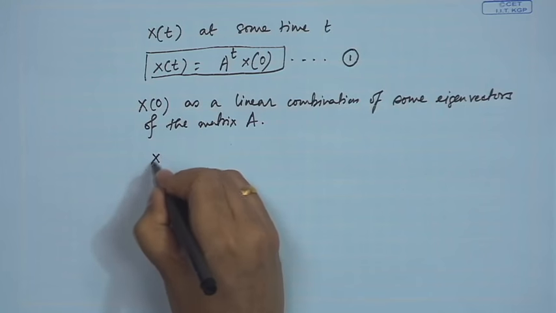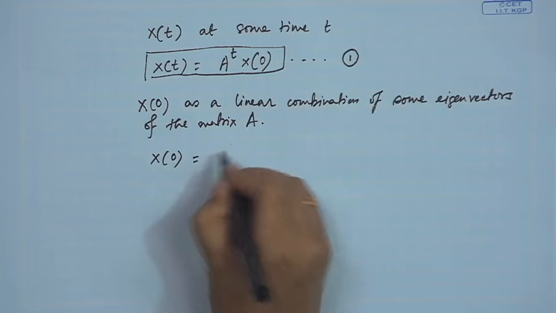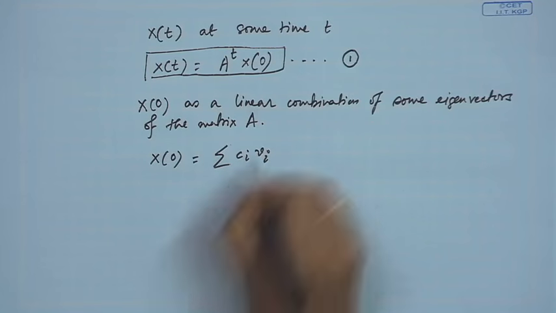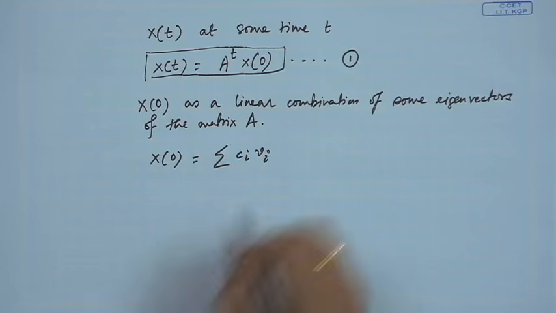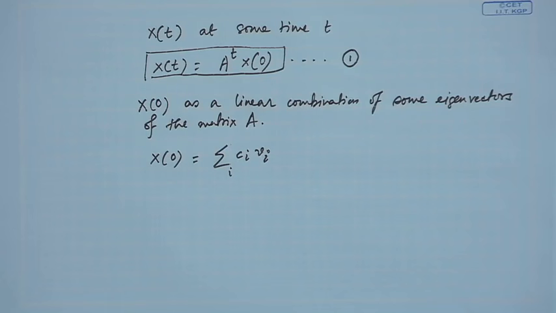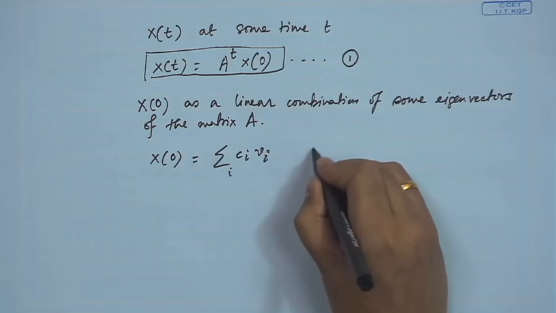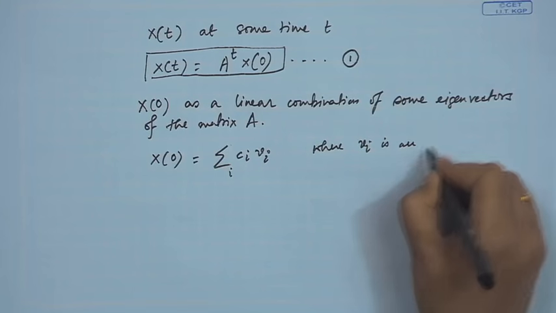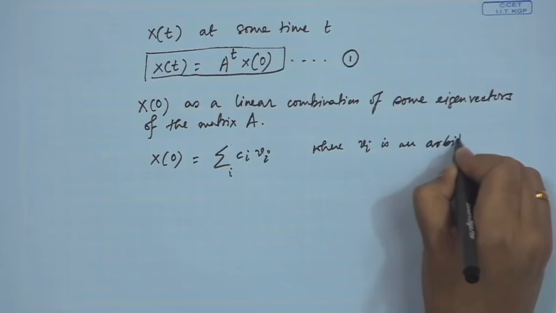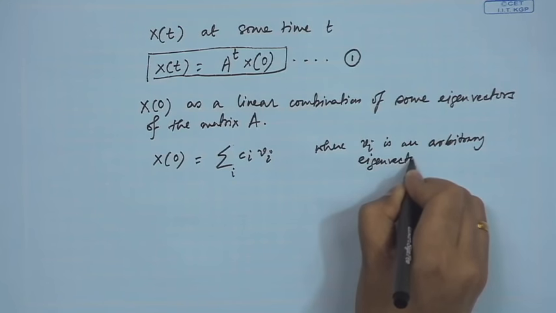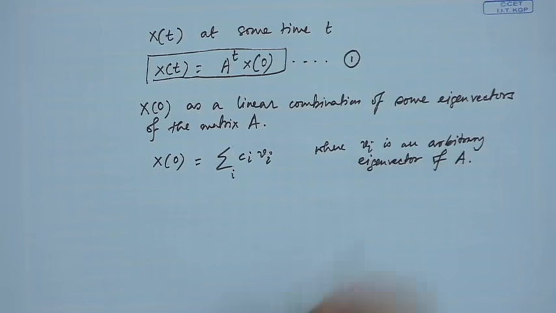Then one can write x 0 as nothing but a linear combination of some of the vectors of the adjacency matrix, where v i is an arbitrary eigenvector of A. This is what we wrote last day already.